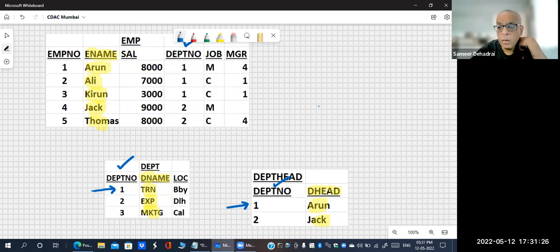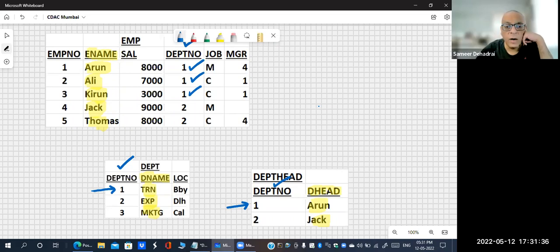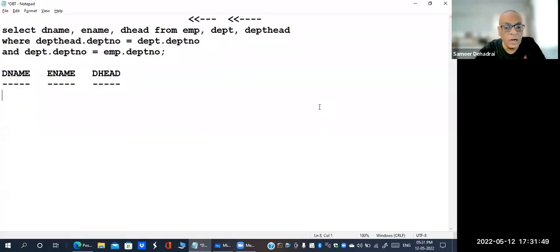Only for this row, mind you, it will search for department number 1 here. 3 rows are present. Both conditions are satisfied. It will return the D name, that is training, the E name, that is Arun Ali Kiran, and the D head, that is Arun. So initially, for training, I'm going to get Arun Ali Kiran, and the D head is Arun. Output is this.